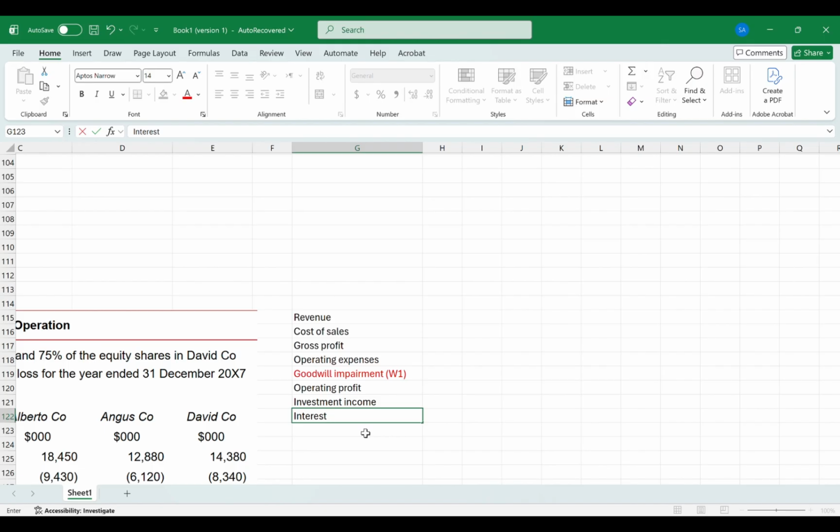Then profit before income tax. Sorry, profit before income tax. I'm sorry. It's not interest, it's income tax. Then income tax.